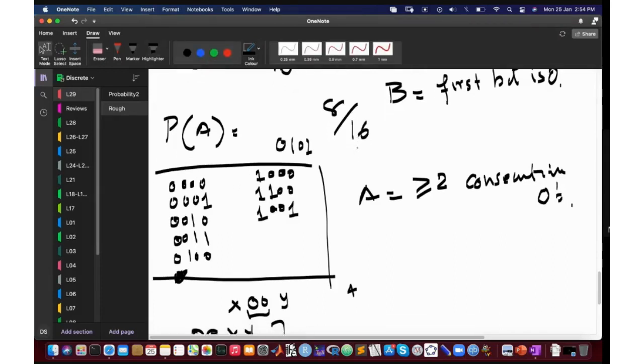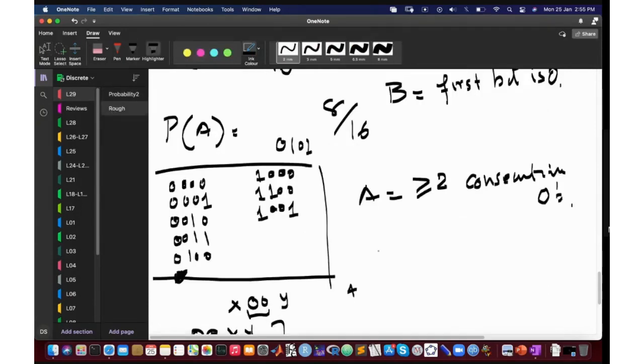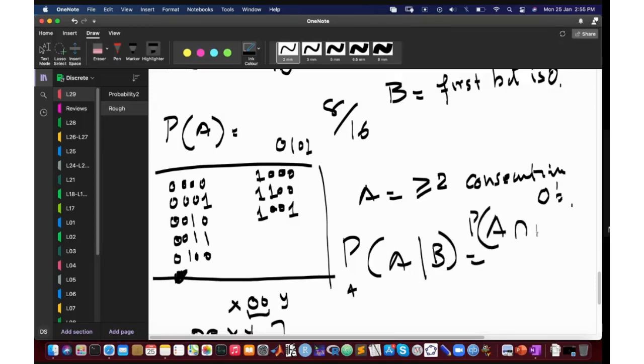Okay. And what's the probability of, what do I want? What was I doing? I was trying to compute the probability of A given B. And for this, what do I need to do? I need the probability of A intersection B and I need the probability of B. Okay.